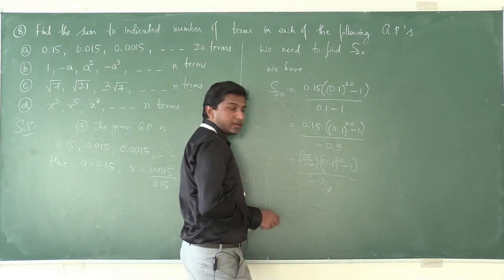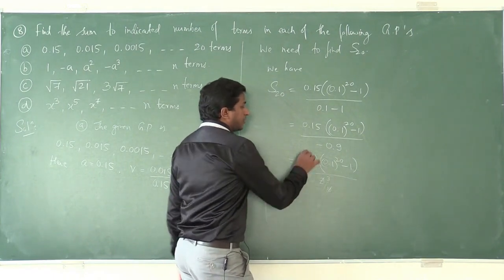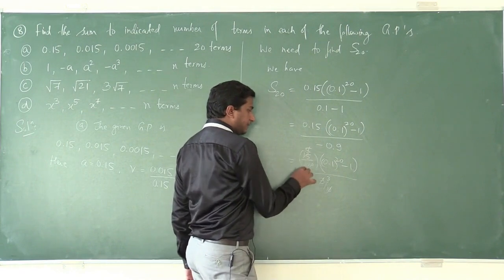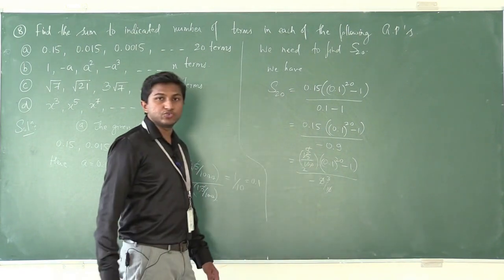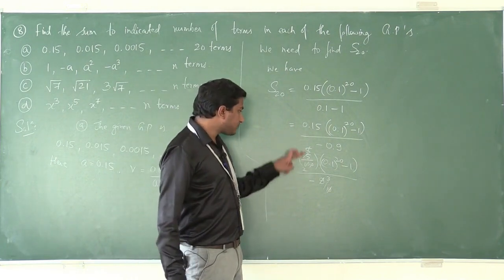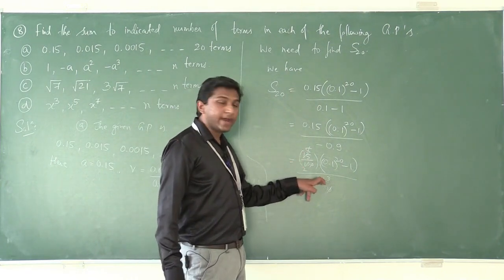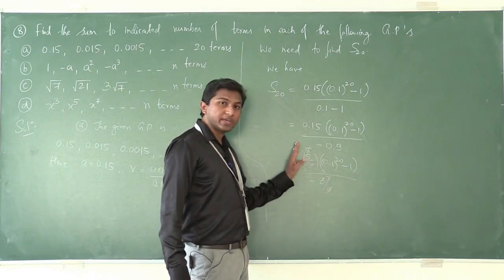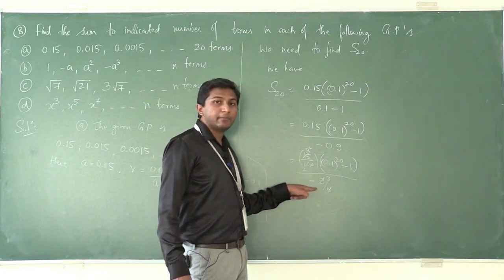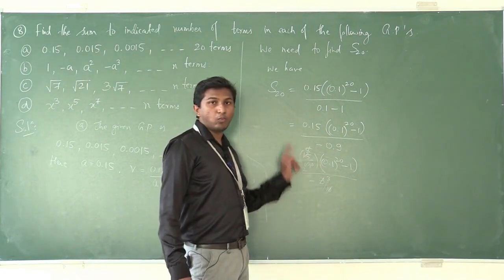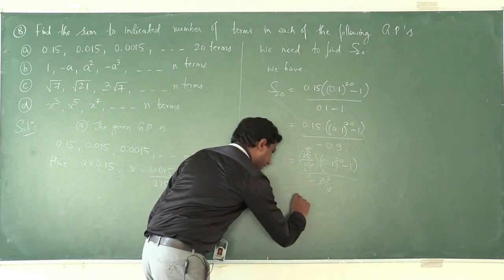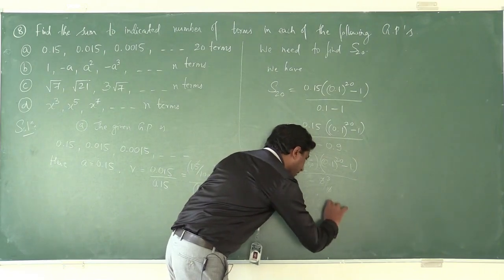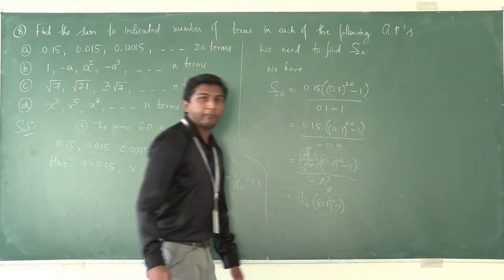On further simplifying, 10 cancels with 10, 3 threes are 9, 3 fives are 15. Then I can simplify further: 5 ones are 5, 5 twos are 10. So I have 1 by 2 in the numerator and minus 3 in the denominator. 1 by 2 divided by minus 3 is minus 1 by 6. So I have minus 1 by 6 into 0.1 whole power 20 minus 1.